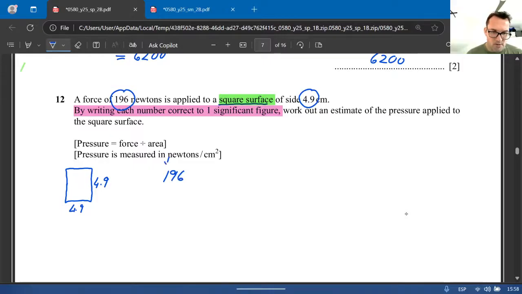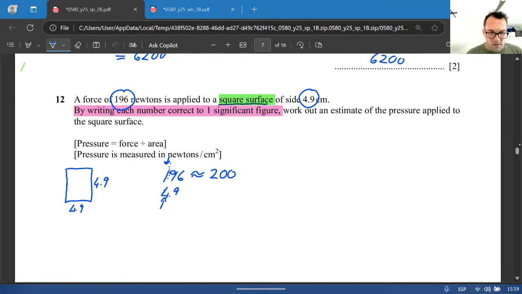If we round it to the first figure, we need to cut it off there. Next to the 1 is a 9. We need to round it up to a 2 and put 2 zeros because it's a 200, not 2. You don't write 196 to 2. 4.9. First figure there is the 4. Next to it's a 9. 4.9 is 5.